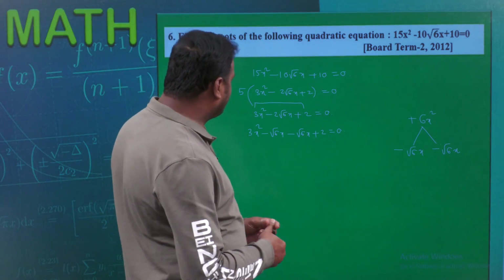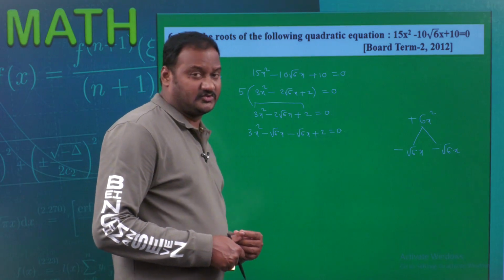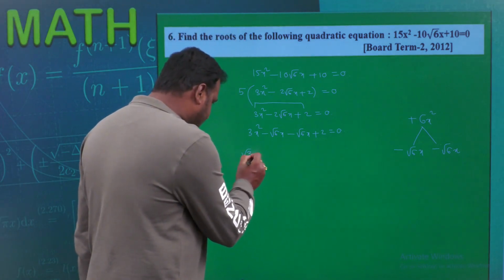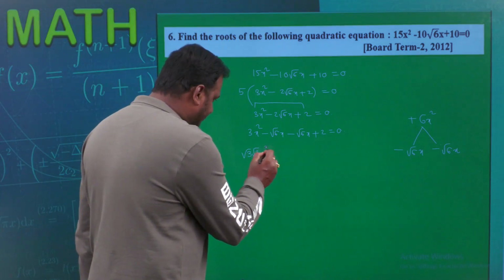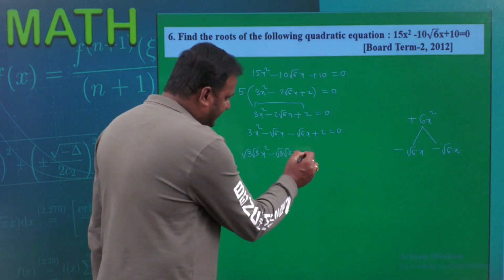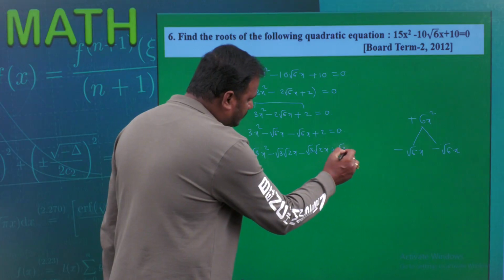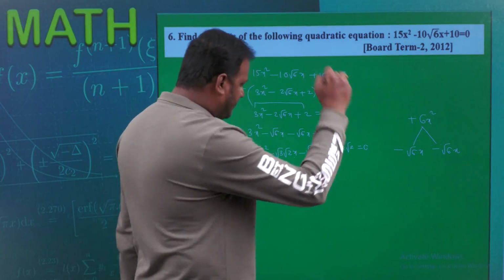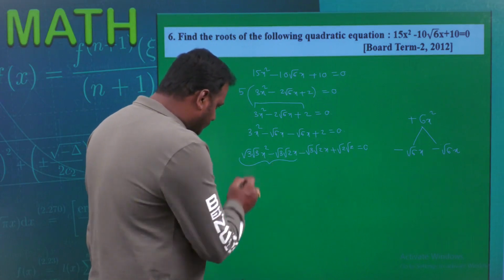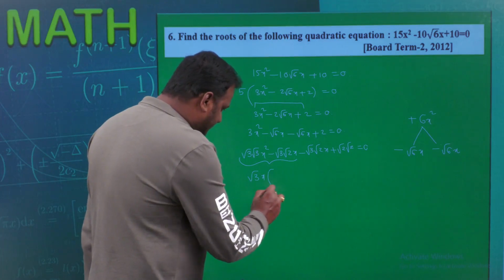But now see here, what can be taken common? I don't know what. But this root 6 can be expressed as root 2 and root 3, right? So this 3 can be written as root 3 into root 3, x square, minus root 6 as root 3 into root 2, x, minus root 6 as root 3 into root 2, x, plus 2 as root 2 into root 2, equal to 0. Now you can identify something to take common. From these two terms, root 3 is there, I can take root 3 common. x square, x means x can be taken common.